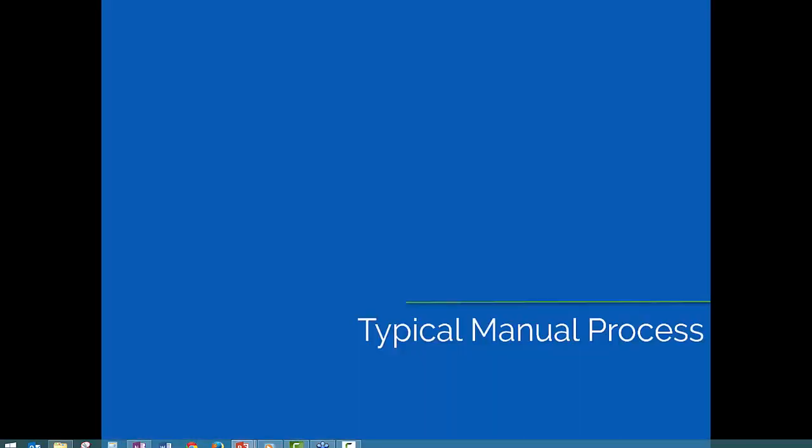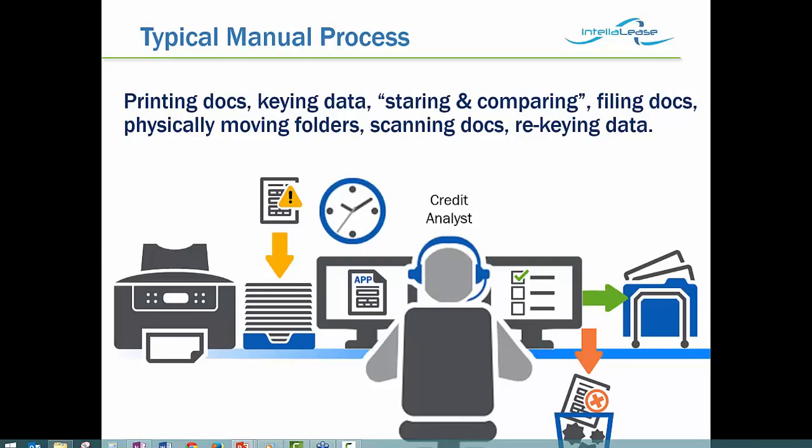So before we dive into what an automated process may look like, let's take a look at what a typical manual process would look like. And we have a slide that represents that. And if you are receiving applications and you don't have a tool like IntellaLease to automate some of the data extraction from the applications, then you may be printing up documents, using that to key data into your lease origination software system.